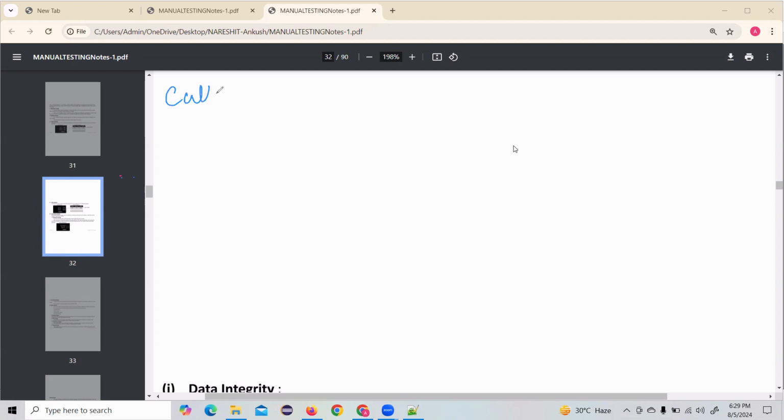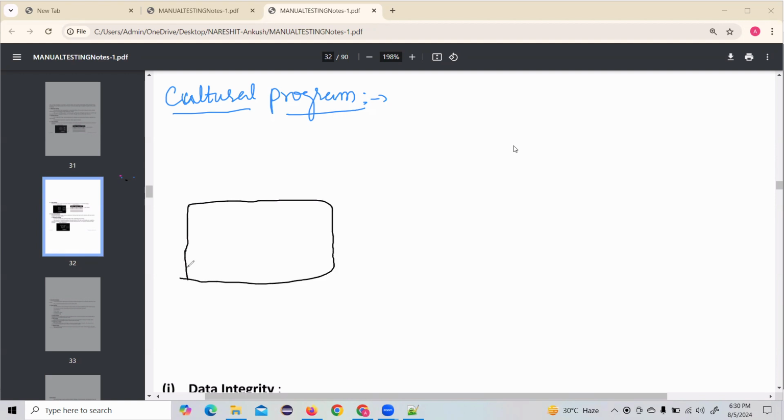See, cultural program, how it is there, same way our laptop will work. Do you know in a cultural program how many stages are there? Two stages are there. I know that one main stage is there, and all the audience is in front of this.